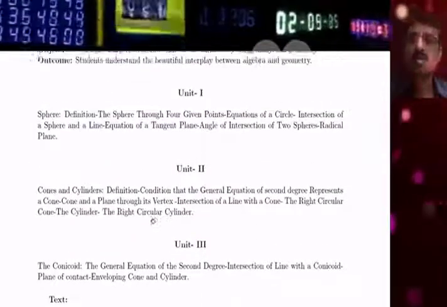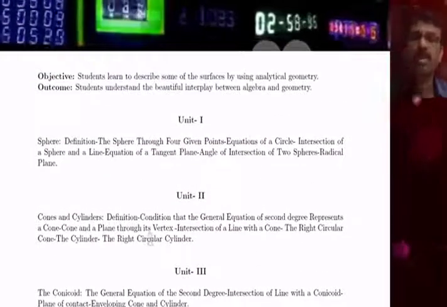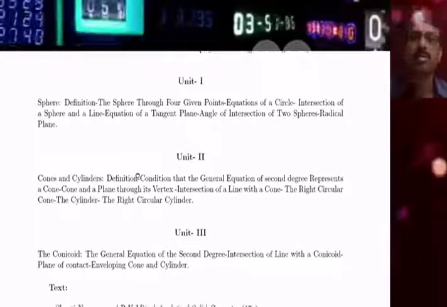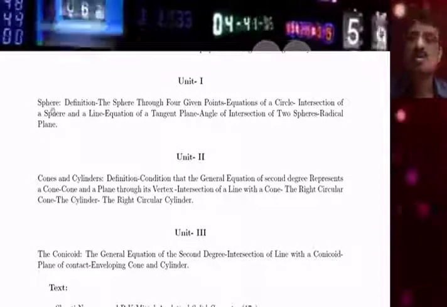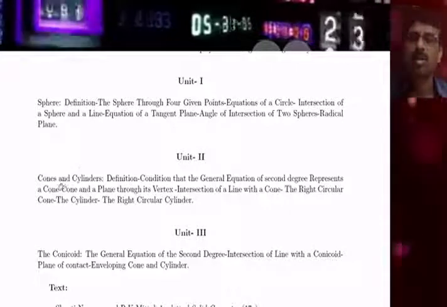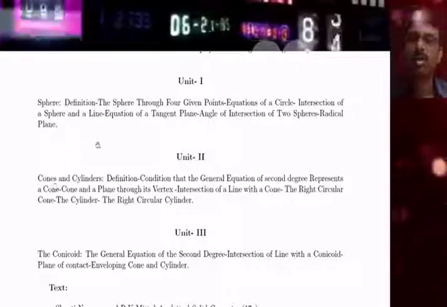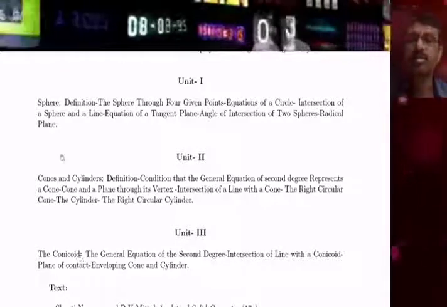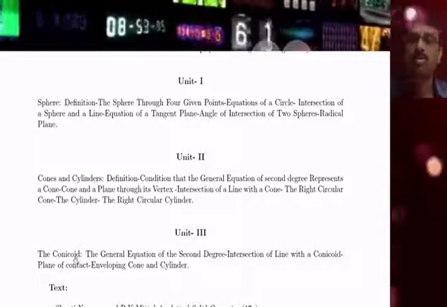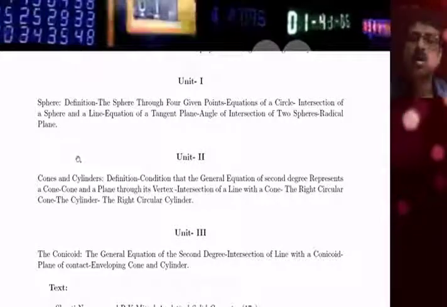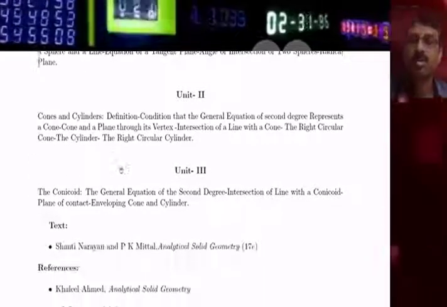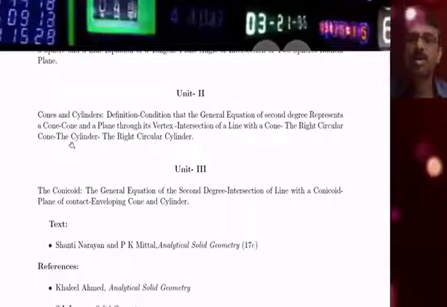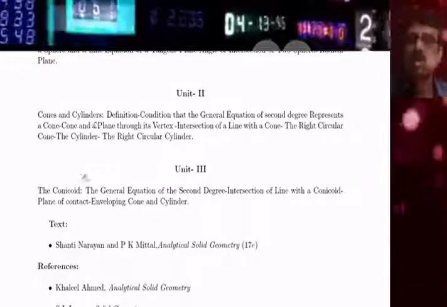So in the syllabus, mainly the concepts of sphere, cone, cylinder and conicoid are included.